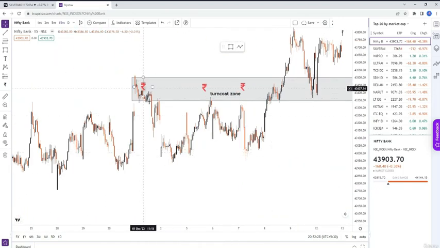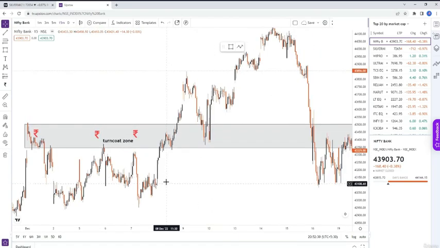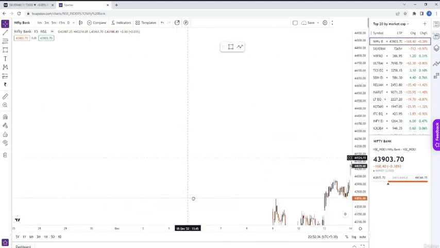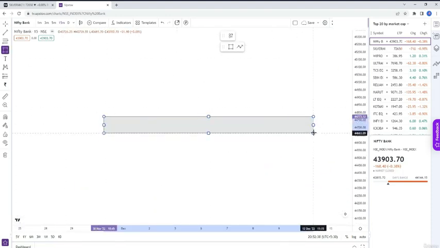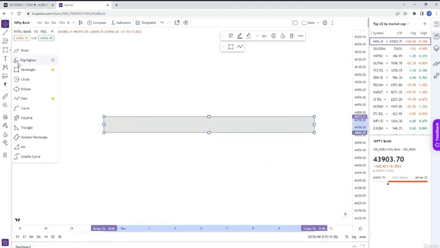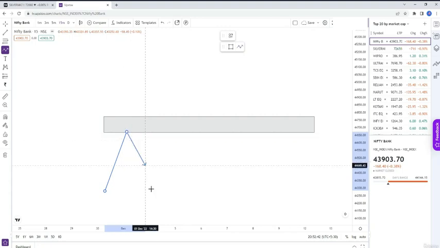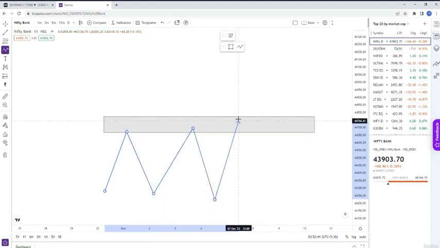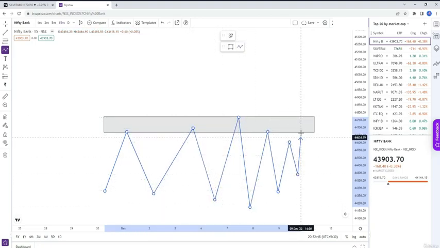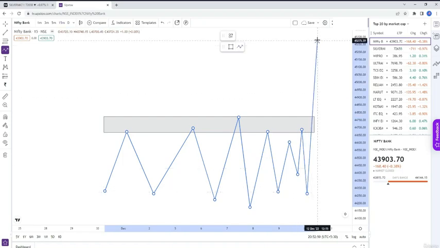Where there was resistance multiple times and then it's broken, after multiple times, when it comes back, you have to figure out an area where you had seen it multiple times like this, and then it's broken like this.